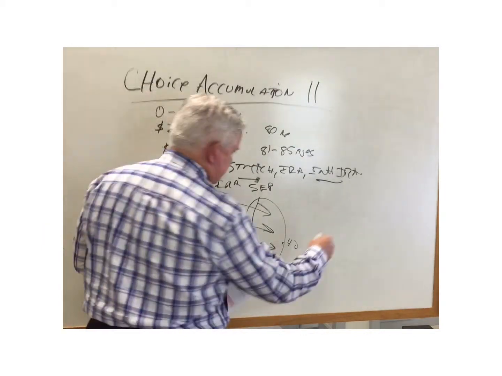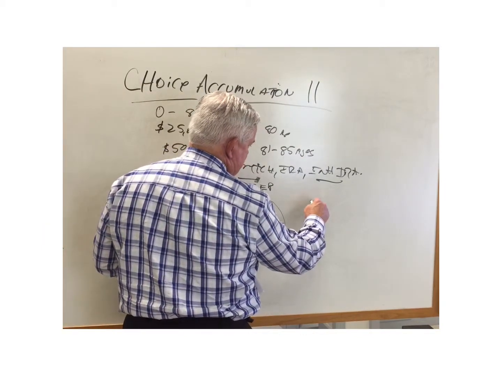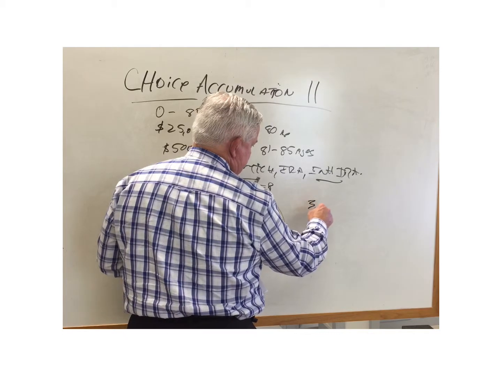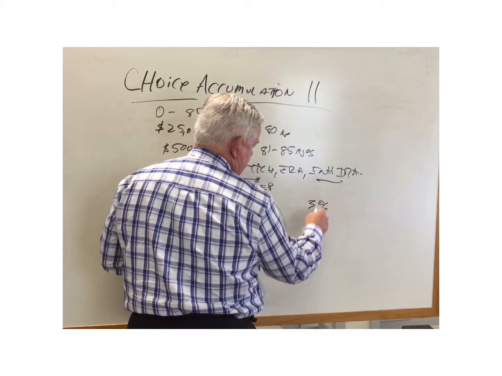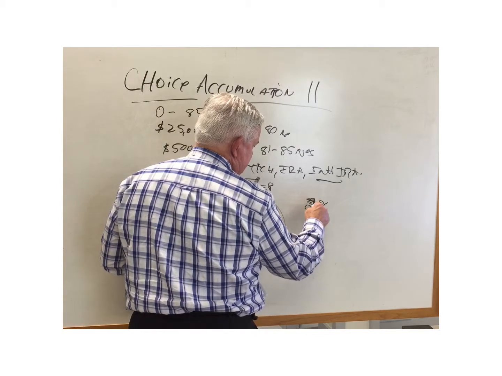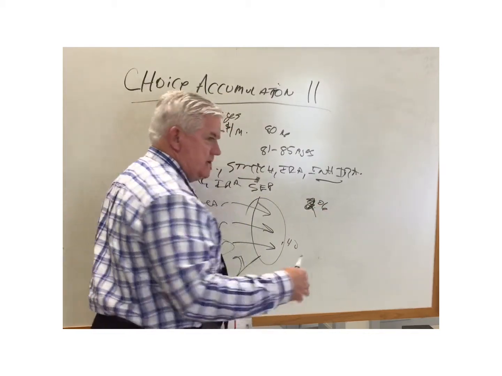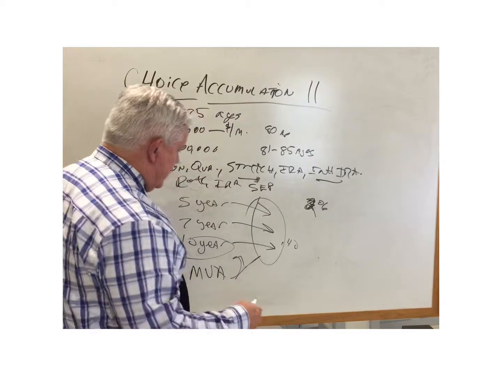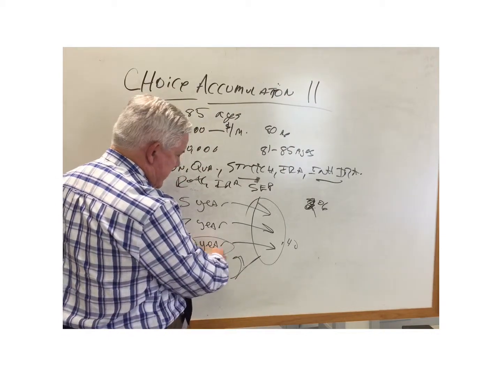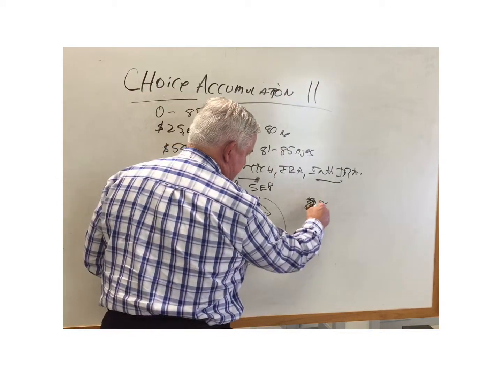So say for instance, the guaranteed interest rate is 3% going in. Well, let's be a little more or less realistic. Say it's 2%. Okay, so say 5 years down the road, and if they got a 10-year product and 5 years down the road they want to cash it out.